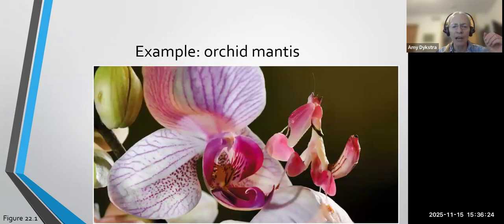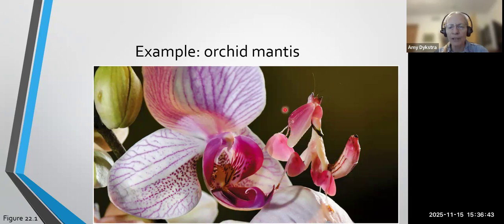And at the beginning of chapter 22, we have this picture of an orchid, and you can see the orchid on the left here. This is the orchid, and this right here is an orchid mantis.